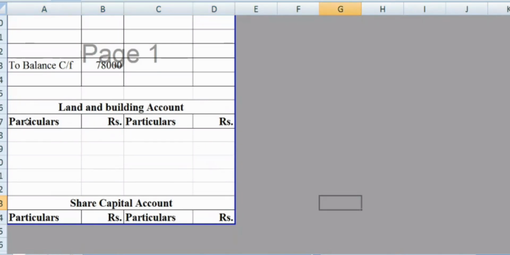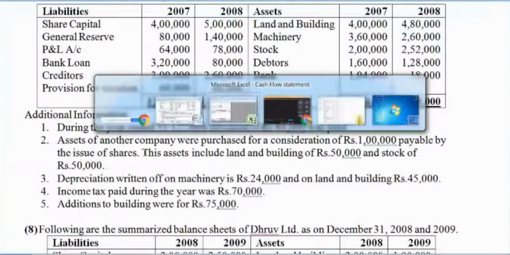Now put the balances in the accounts. In land and building, on the debit side, to balance brought down. What is the opening balance of land and building? 4 lakh.